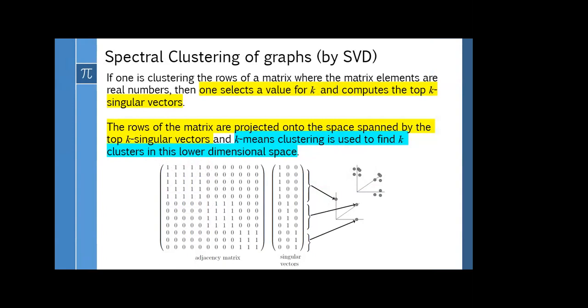You remember that singular values and singular vectors are eigenvalues and eigenvectors of quadratic matrices, of a matrix multiplied by its transpose in two ways. They are non-negative. You could consider them as adjacency matrices of a graph or affinity matrices, some weights, okay? And then you could simply apply the singular value decomposition.